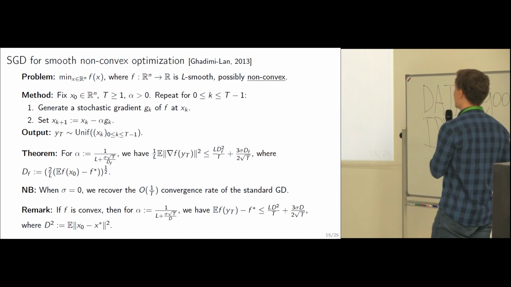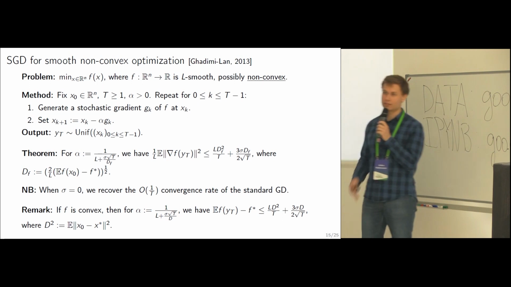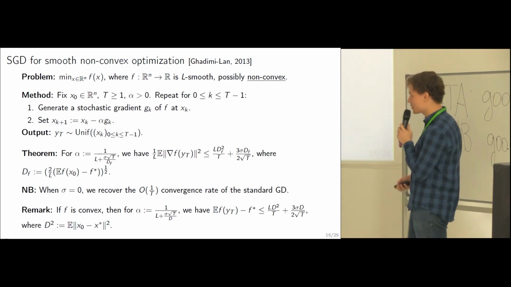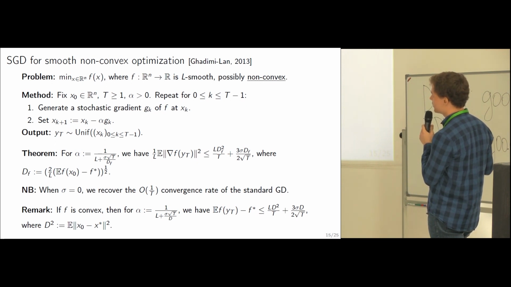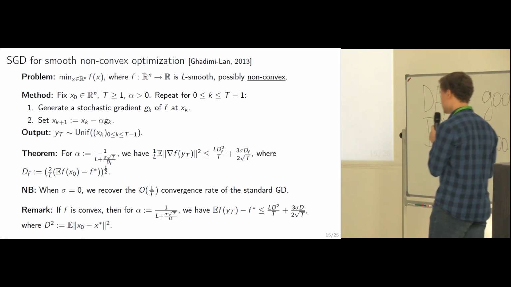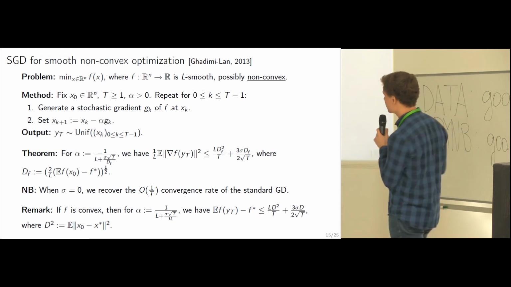And actually, you may wonder why we have two different methods for convex optimization and for non-convex optimization. It should be just one method, right? In the context of convex optimization, we return the average point. Here we return the uniform random point. But it turns out that this method is, I would say, more correct than the previous one if we do not want to assume anything, if we do not know that our function is convex or non-convex.